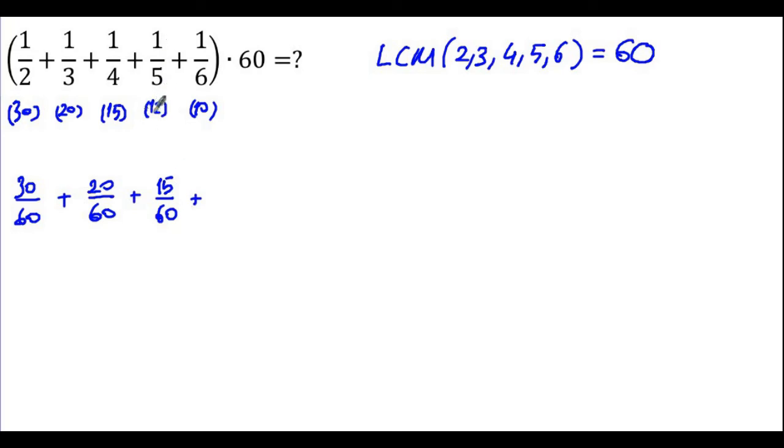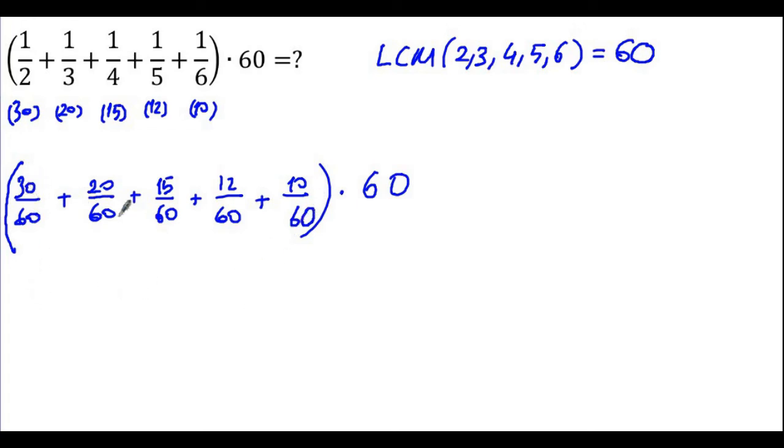Then we get 12 times 1, which is 12, and 12 times 5 is 60, and 10 times 1 is 10, over 10 times 6 is equal to 60. And then we have the bracket times 60. Okay, this is also 60.